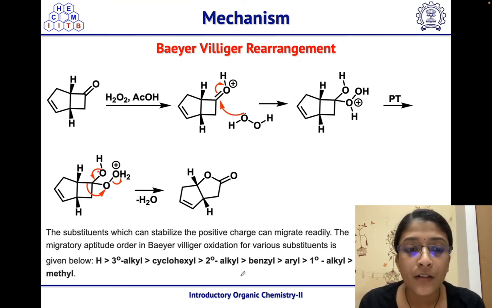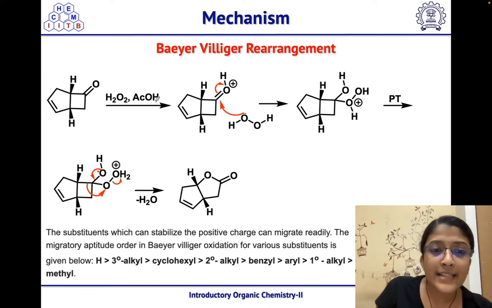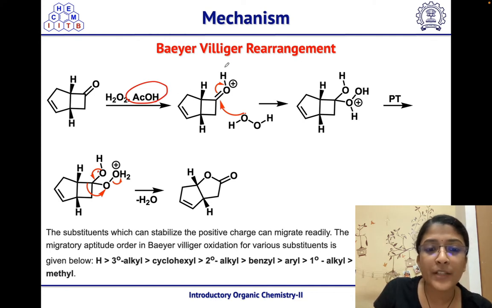Ma'am, what is the role of AcOH here? AcOH is an acid, right? So it will be helpful in protonation and proton transfer. Okay, ma'am. It can be useful for activating this carbonyl. Also, if proton transfer is not taking place from here, this OH can get protonated by the acetic acid.